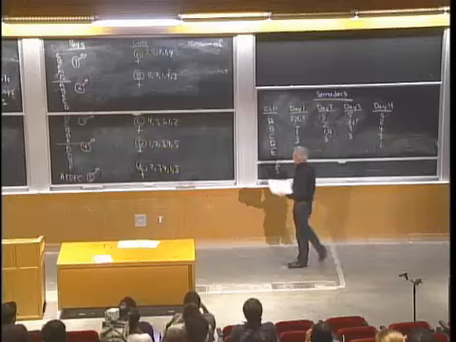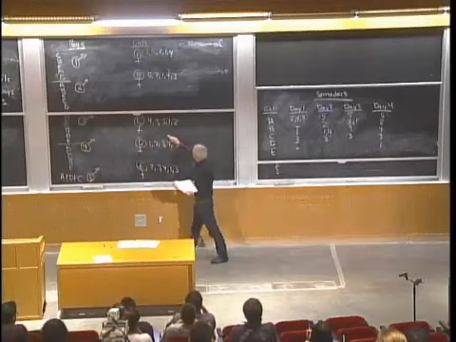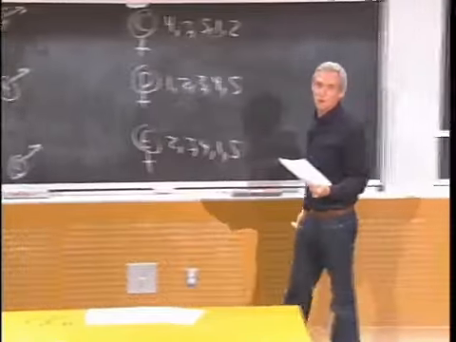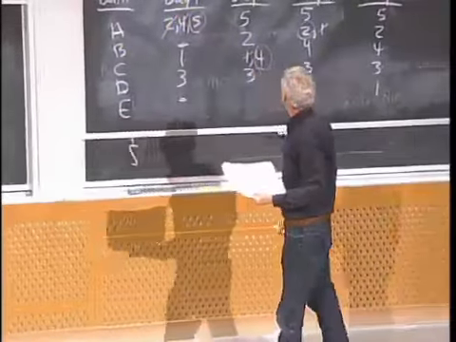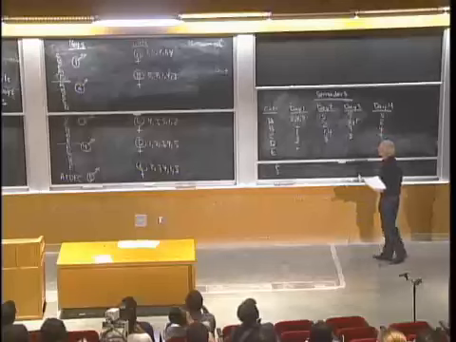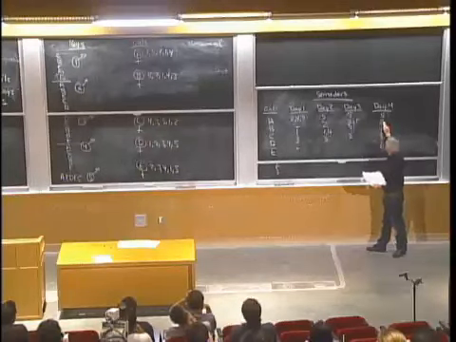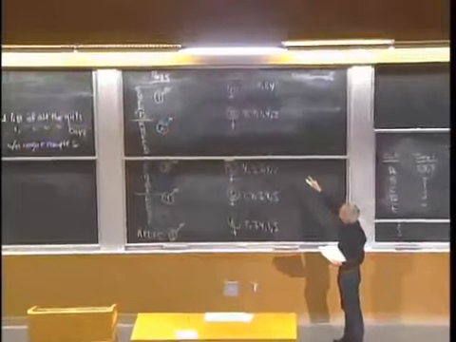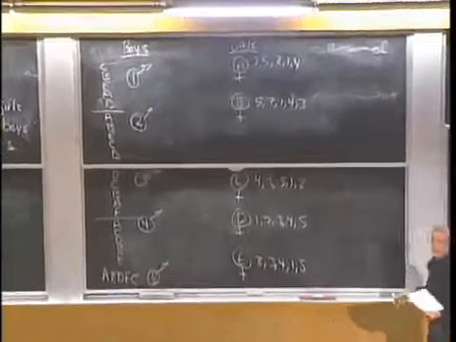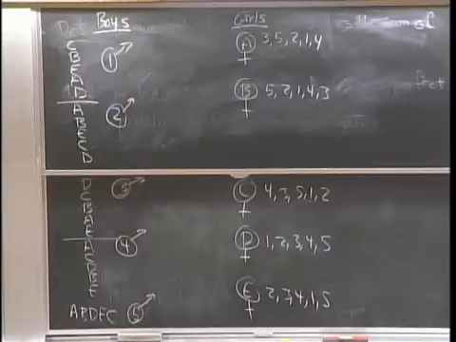No, because C got 4 here, which is her first choice. She's not going with boy 1. That's not working. What about 1B? Could that be rogue? No, B got 2, and B likes 2 better than 1. So 1C and 1B are not rogue, and 1 got E, so there's no other possibility for boy 1.